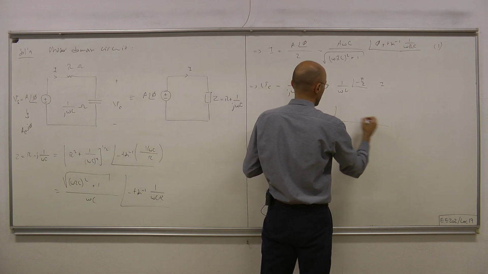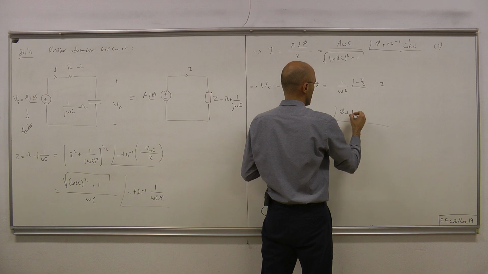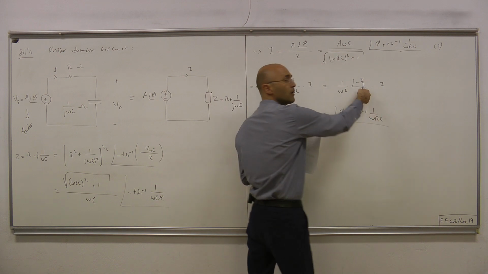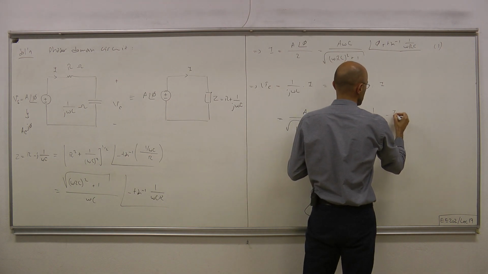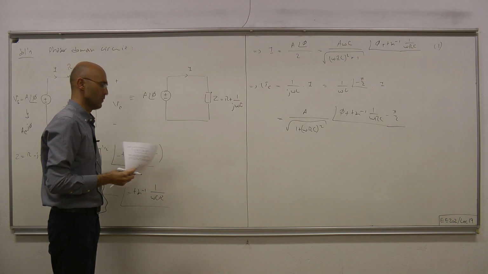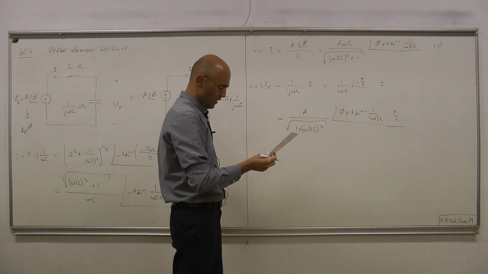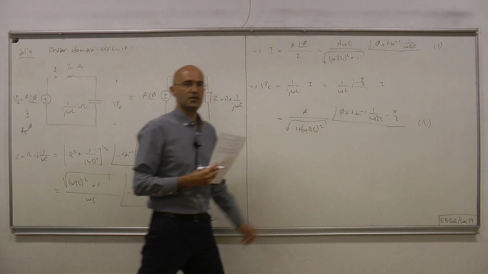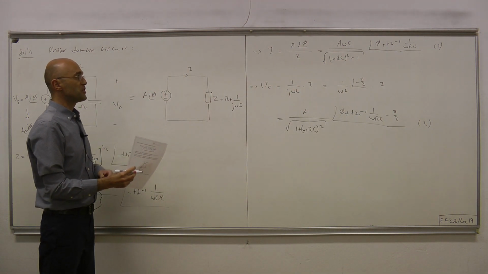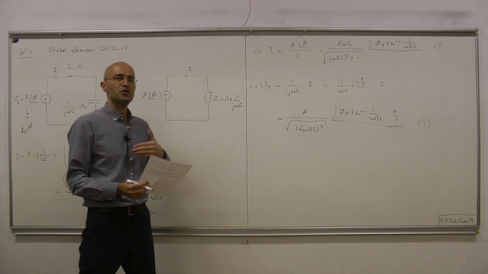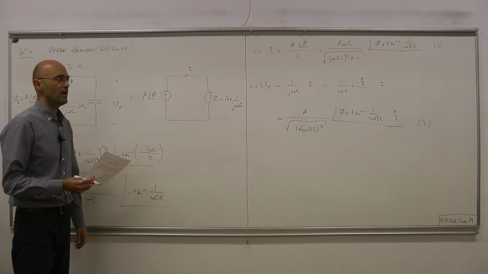Okay, and then we have phi arctangent 1 over omega RC plus minus pi over 2, minus 90 degrees. Okay, so that's our voltage phasor. So we're done in phasor domain. Now what remains is step 3, which is we carry everything to the time domain.